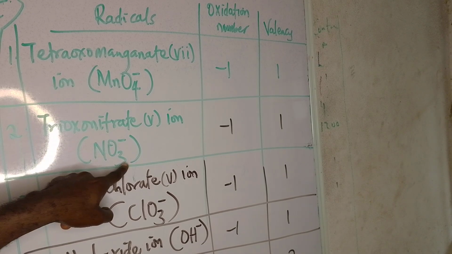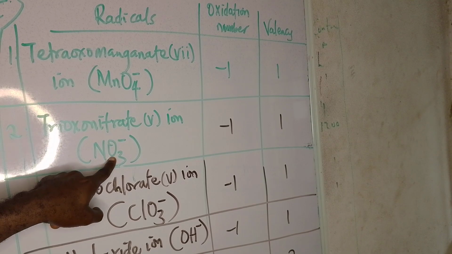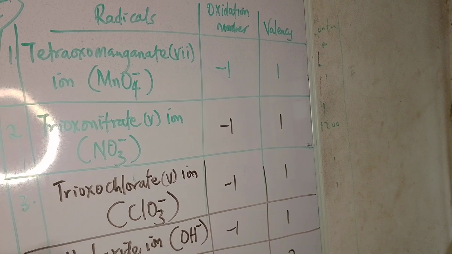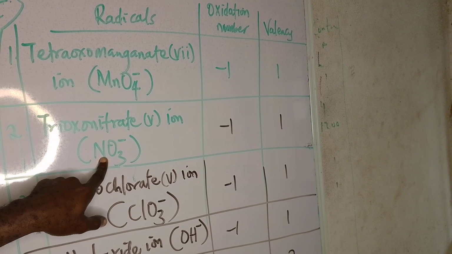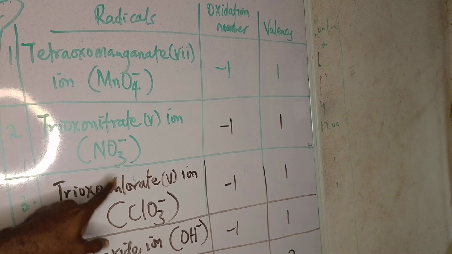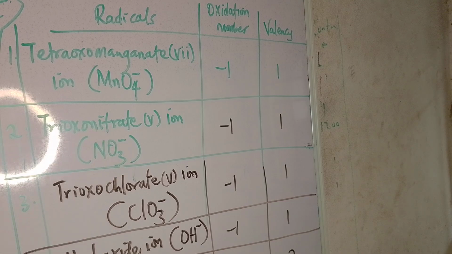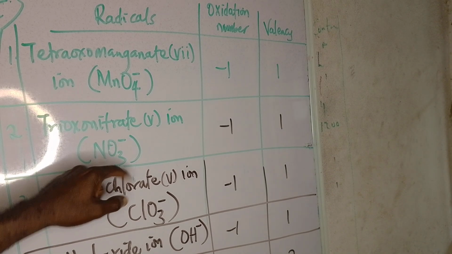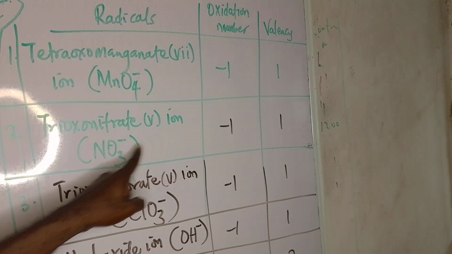The oxygen will be pronounced as oxo, while the one by the left has its name ending with ate. So nitrogen will become nitrate. We will talk about the way we get the number later. So this is trioxonitrate(V), and it is called an ion because of the charge on top.